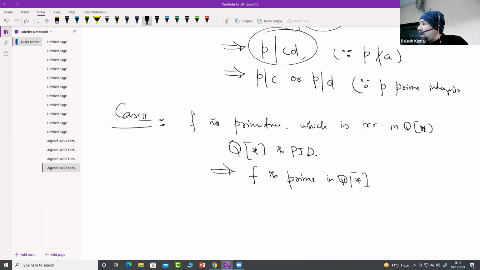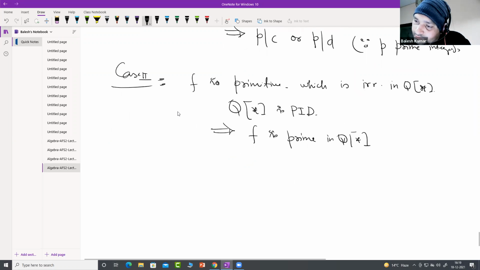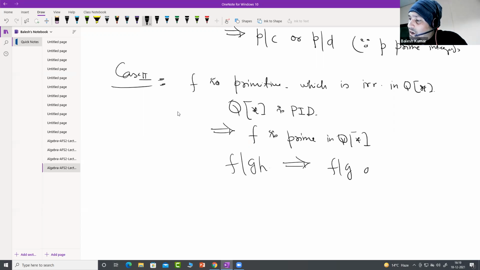Now you can prove that if f divides gh, this implies f divides g or f divides h in Q[x], by the very fact that f is a prime element there.